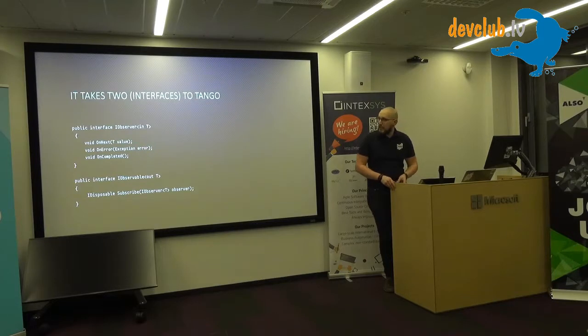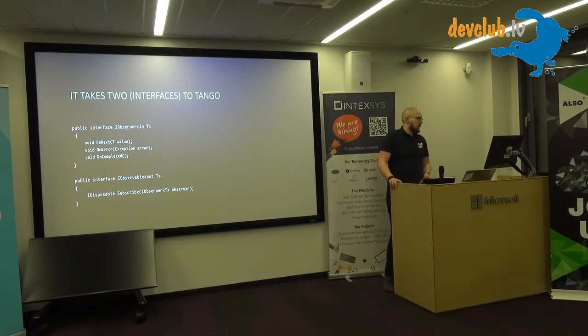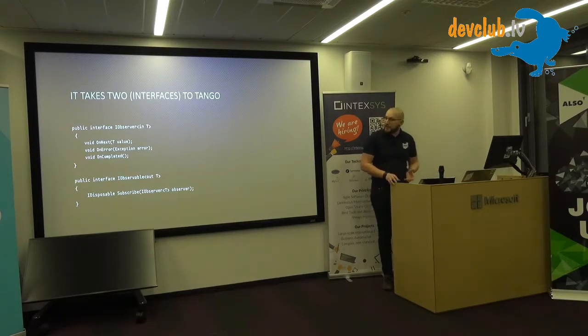First one is IObserver, which defines something which observes things happening. And it has three methods on it: OnNext, OnError, and OnCompleted.